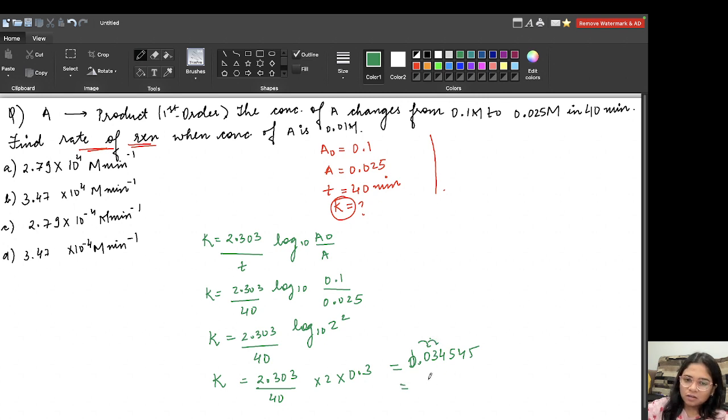What will I write? 3.45 divided by 100. Now we know rate equals K A raised to the power 1, right? And what is the concentration of A? They are telling us 0.01. So K we know, 3.45 upon 100 into 0.01. How much it will be? 3.45 into 10 to the power minus 4 will be the answer.